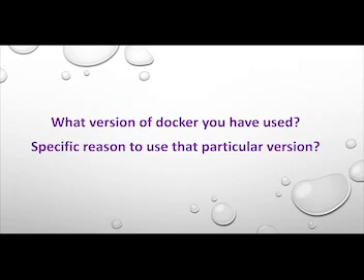Not a very recent version, but an older version, which is like 18.03, something like that. Any specific reason for that? That's how Docker works, it has its own versioning. No, that versioning is fine. I just wanted to know if there is any specific reason you have used only 18.06.